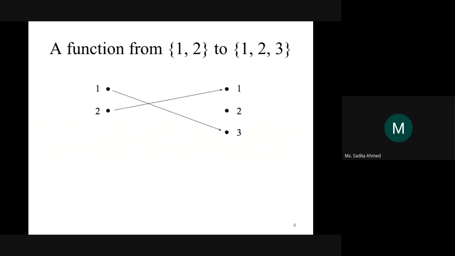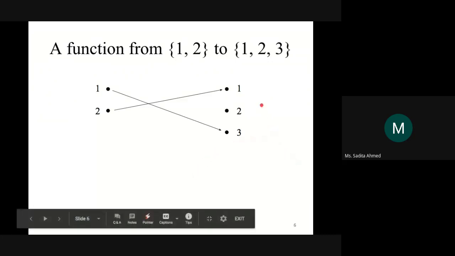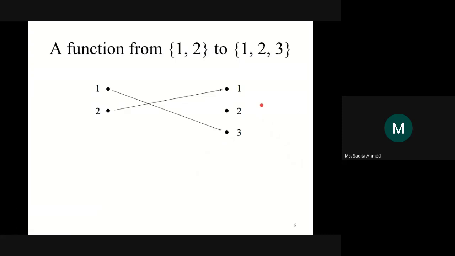In order to answer that question, first check if there are any results or any images which are equivalent to each other. Are there any images which are equivalent to each other? No, they're not. No images which are equivalent to each other. So by default, this is not a one-to-one function at all.